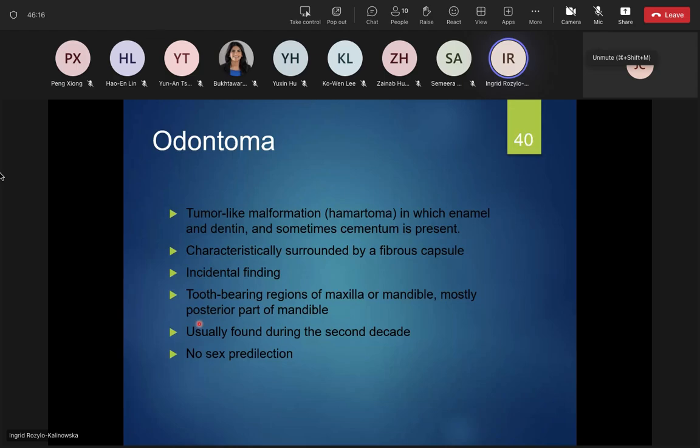So the lesions are encountered at different ages, but mostly around the age of eruption of permanent dentition, because this is, on one hand, the time for orthodontic treatment, for example.